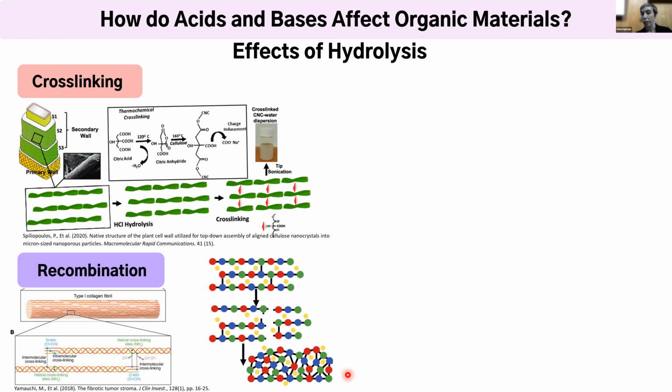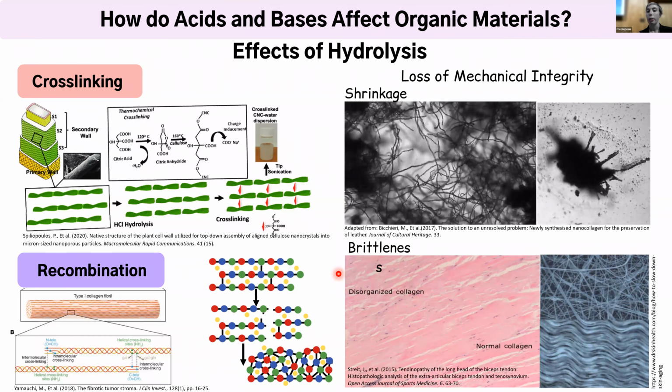You end up with this weird jumble called recombination. And this is what leads to shrinkage and brittleness and a general loss of mechanical integrity of your material. This is a really good micrograph of collagen, so animal protein like you would find in sinew or rawhide. Right here is your normal collagen.